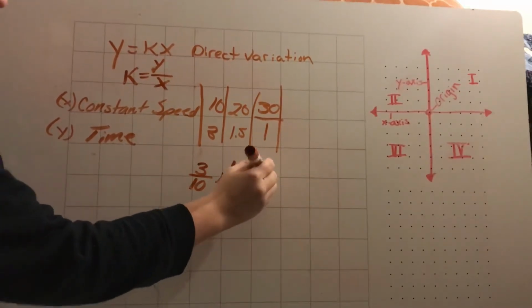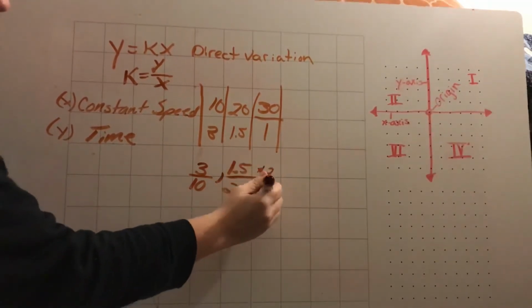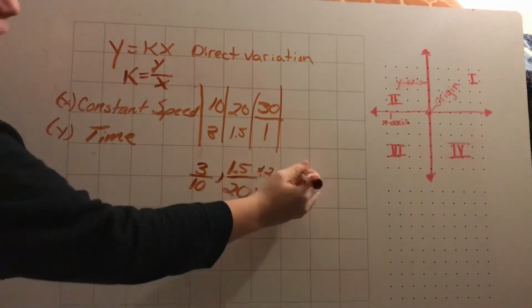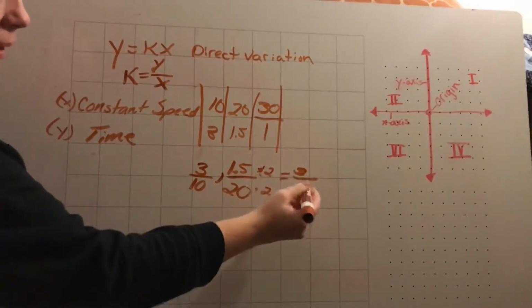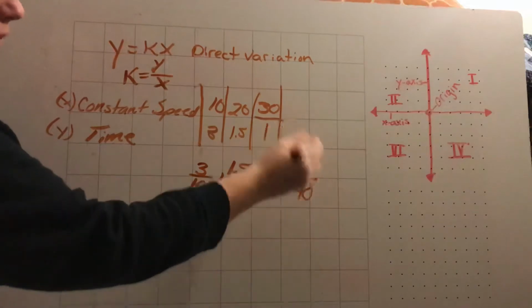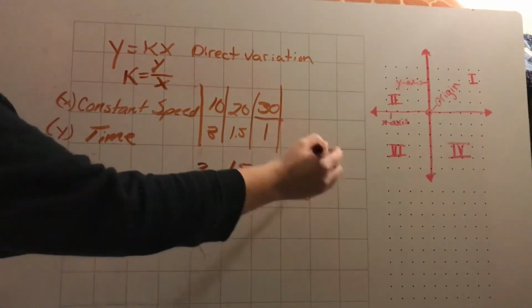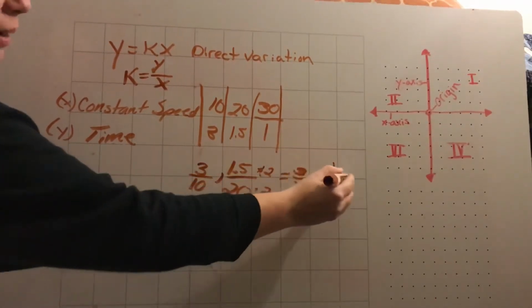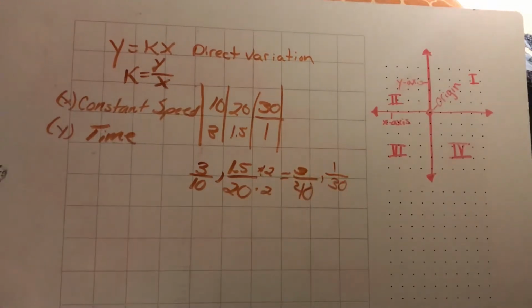So we're going to multiply that by 2, multiply that by 2, and that equals 3 over 40. And then the last one is 1 over 30.